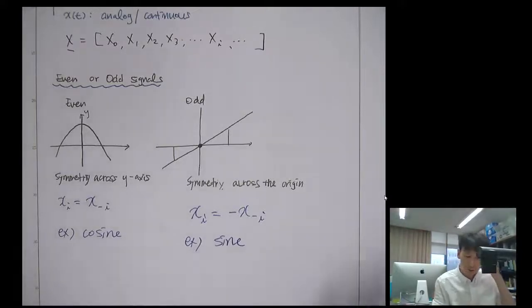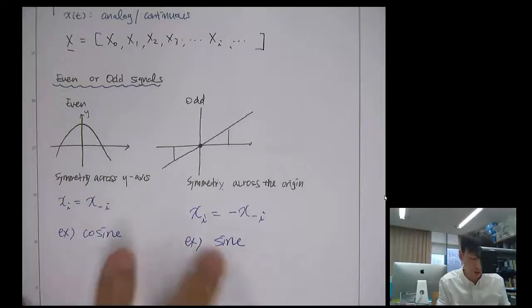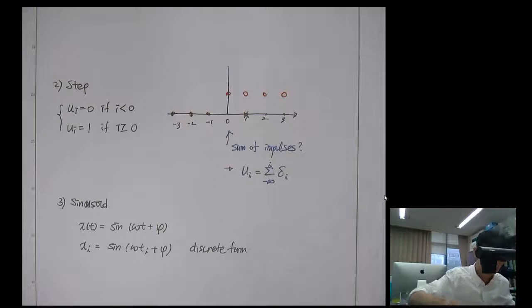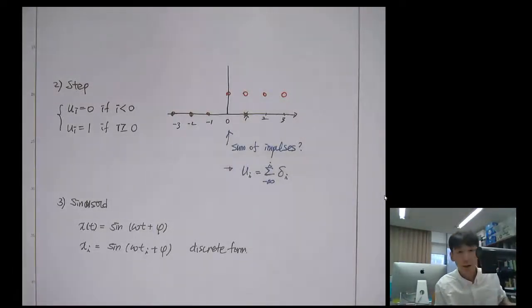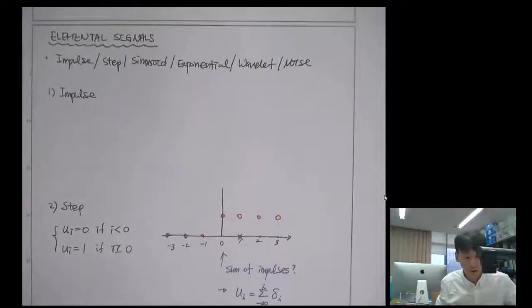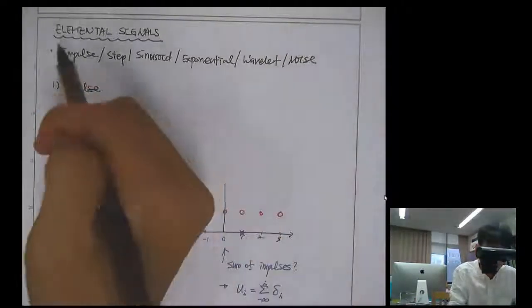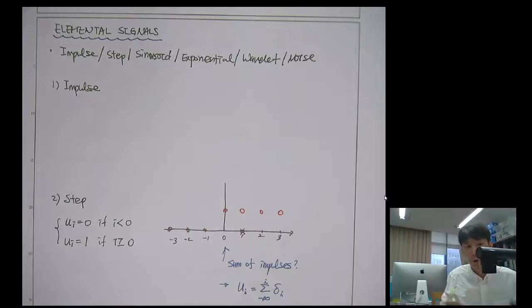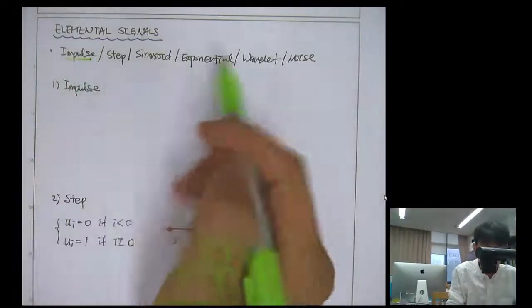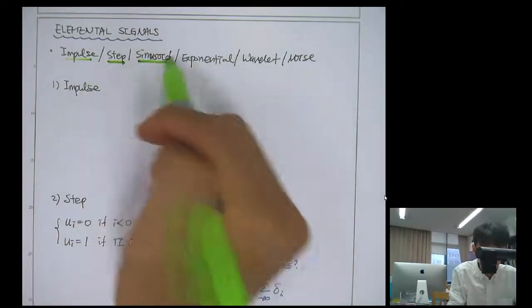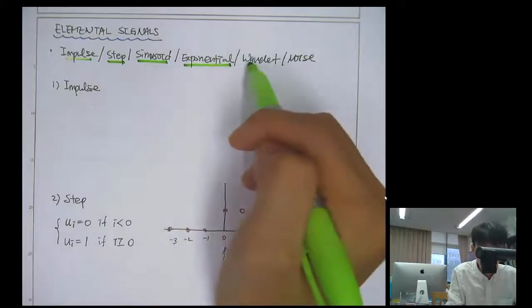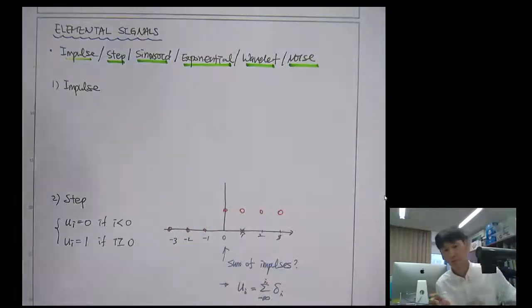So these signals can be decomposed into sine and cosine, the combination of the sine and cosine. Today in this lecture, we're going to talk about the elemental signals. For the elemental signals, there are impulse and step, sinusoid, exponential, wavelet, and noise.